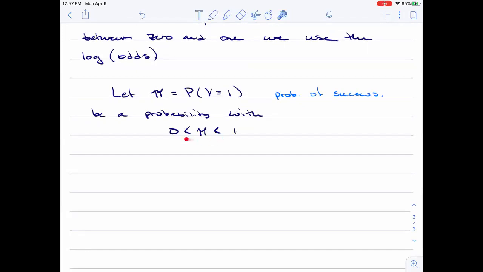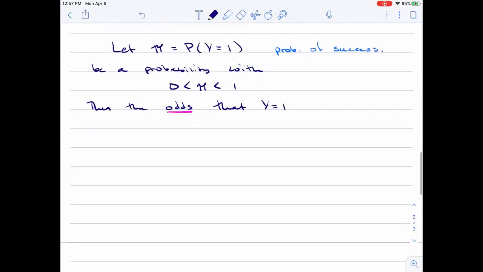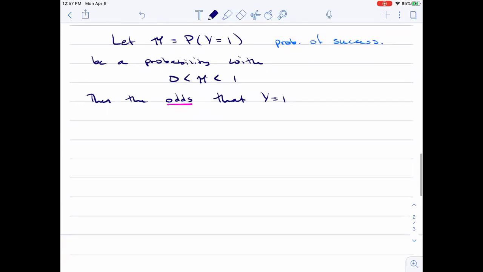Notice that this is not inclusive. And then the odds that y equals 1 is pi over 1 minus pi. Remember odds?